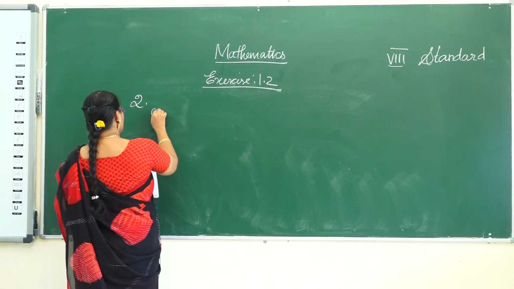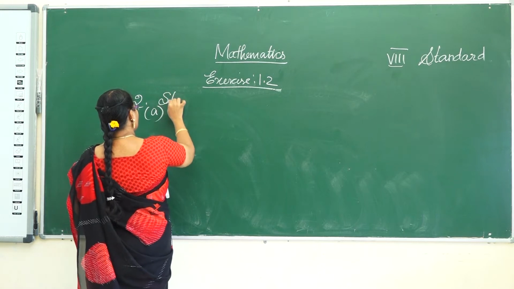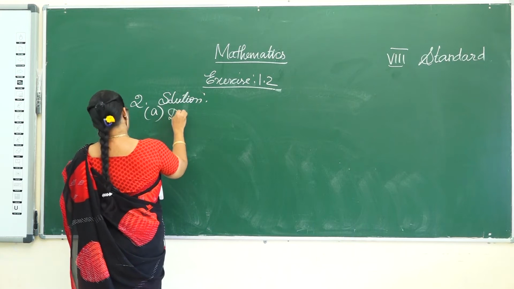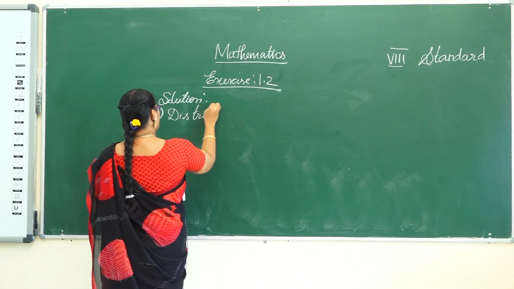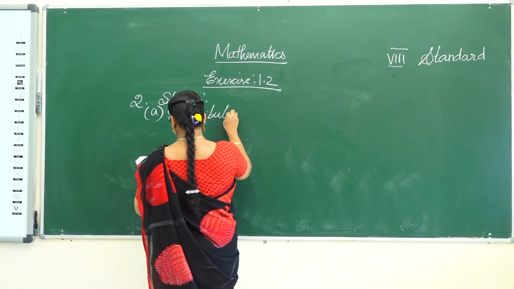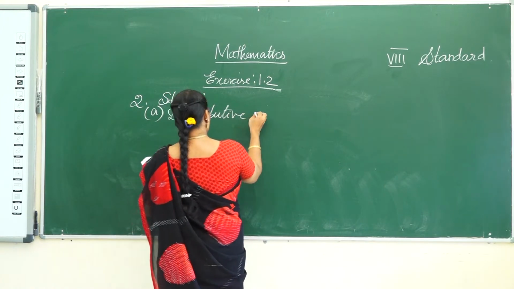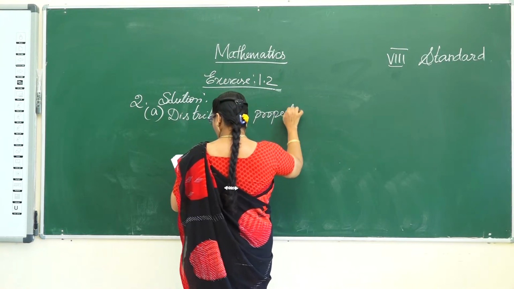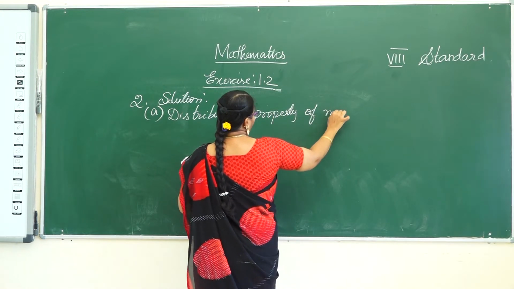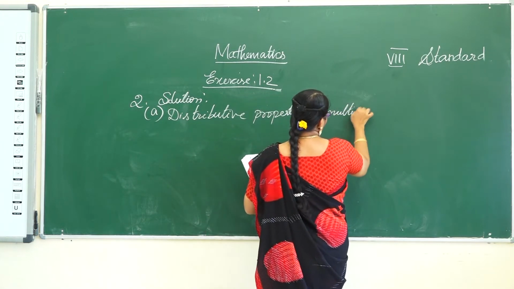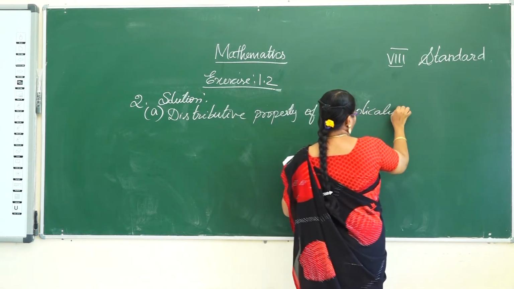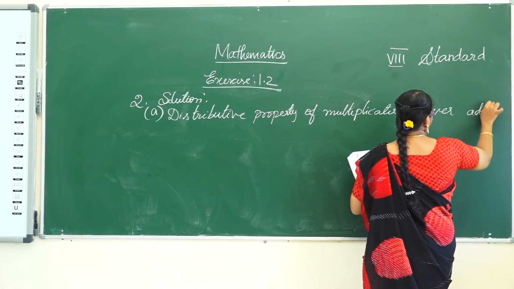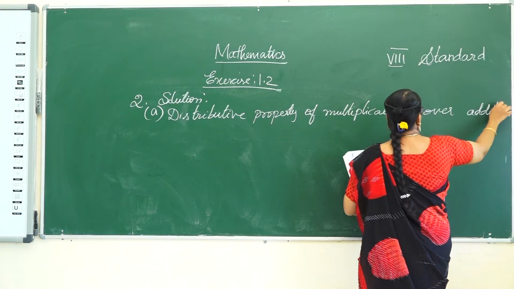So the first answer is distributive property of multiplication over addition.